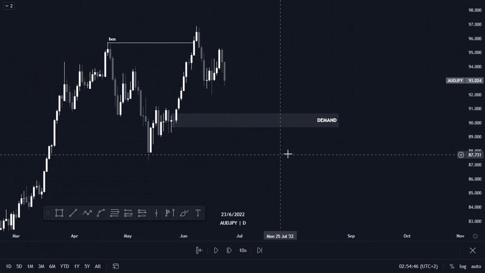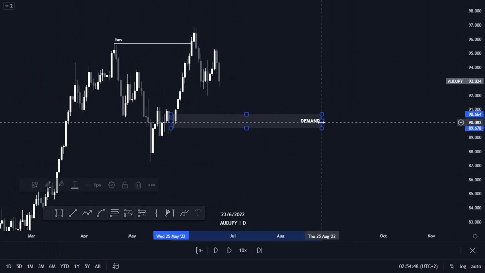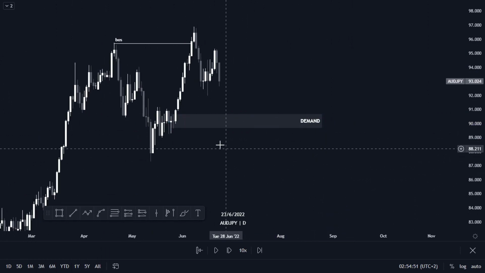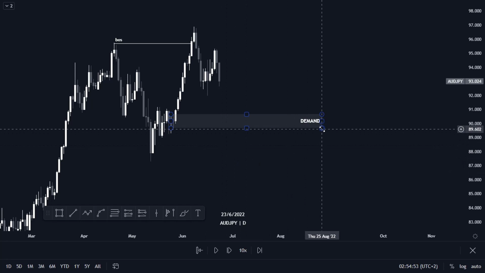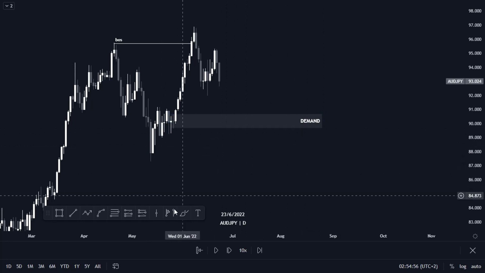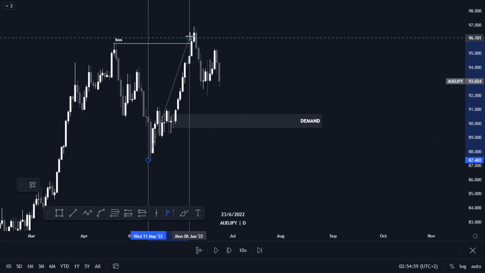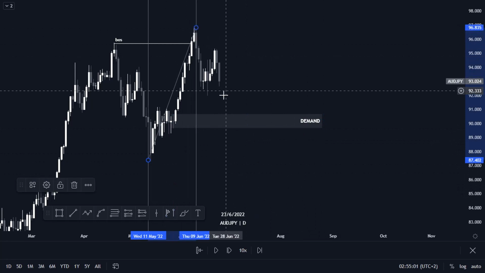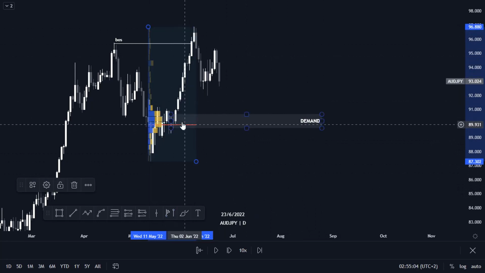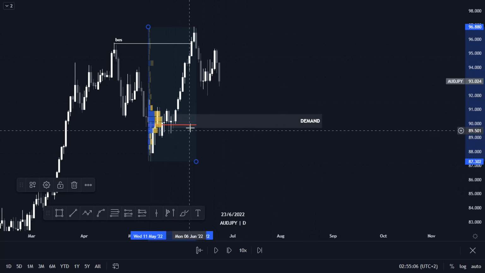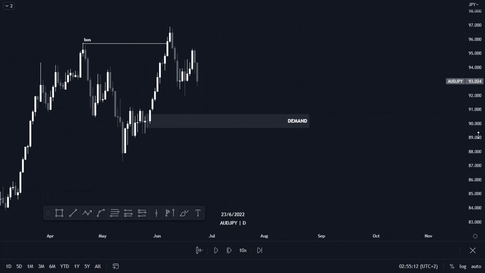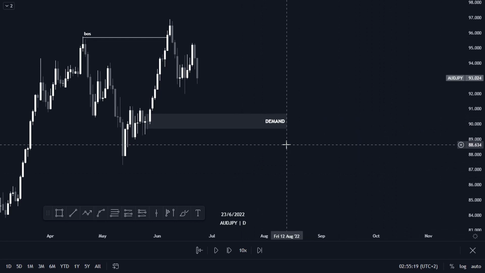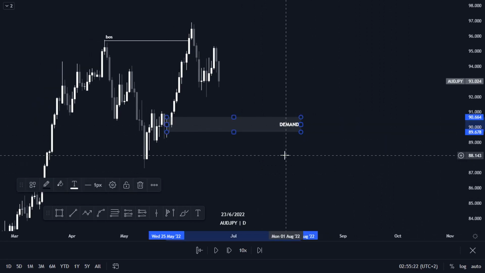Another confirmation that can help you to confirm your demand area is using the volume profile from your low to your high, and it will highlight the candlestick, and then the candlestick it highlights, you just draw the demand area like that. I made a video about the volume profile, you can check it out. I'll put the video link in the description below.